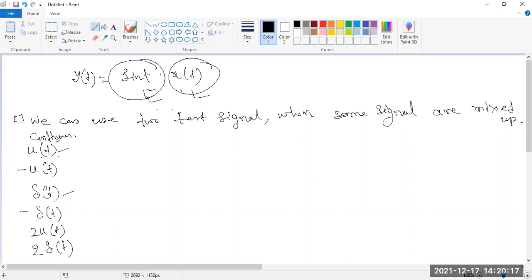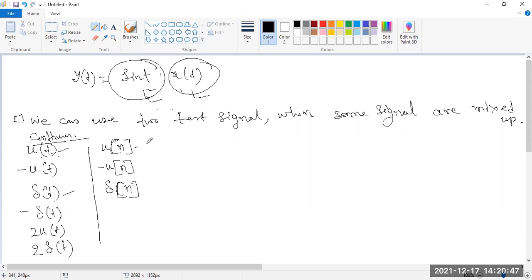Besides continuous signals, you have to know the discrete ones. Though in your syllabus, for this particular topic, only continuous is prescribed, you have to know discrete also. Just the same things, we will change t to n, and delta t to delta n.